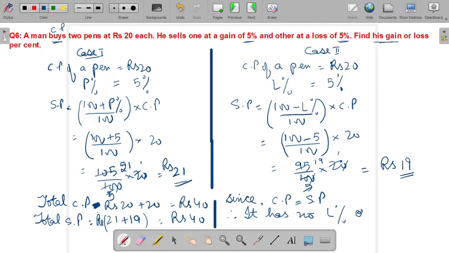Why? Because the selling price and cost price of both the pens together are the same. Therefore, it does not have any profit or loss percent. Now, question number 7.